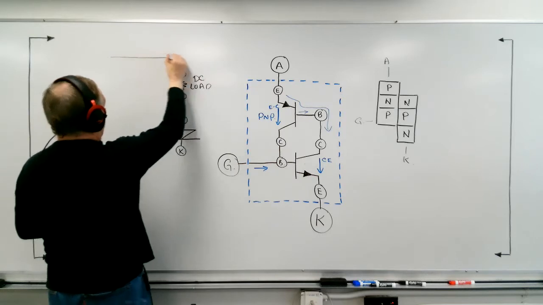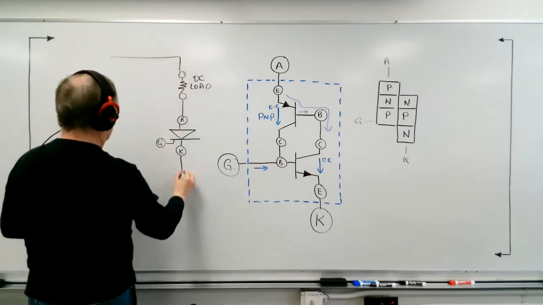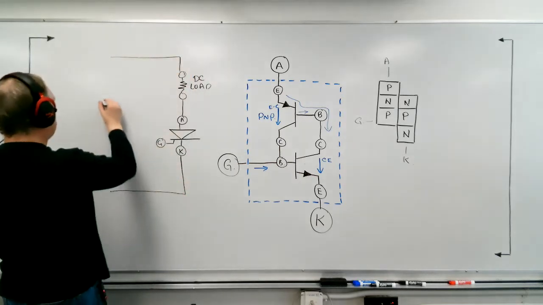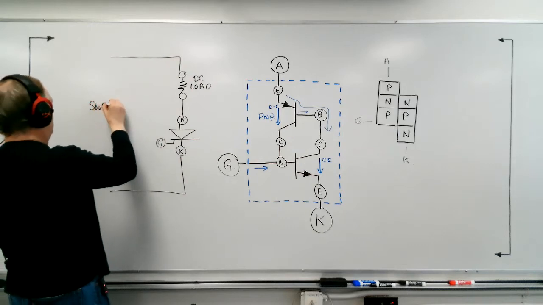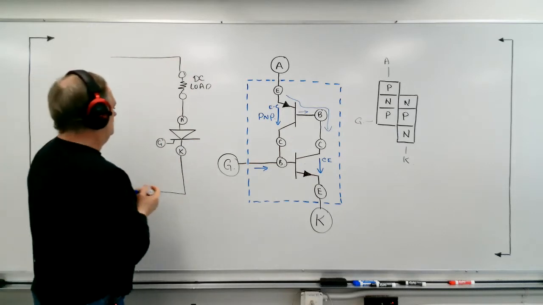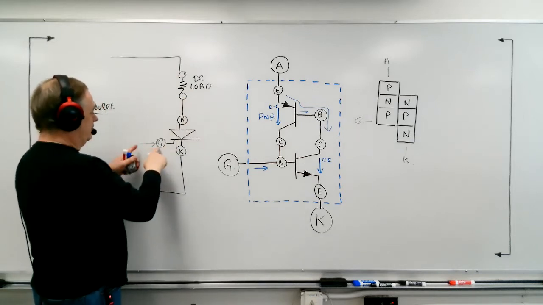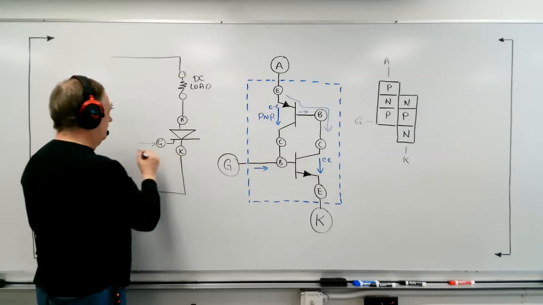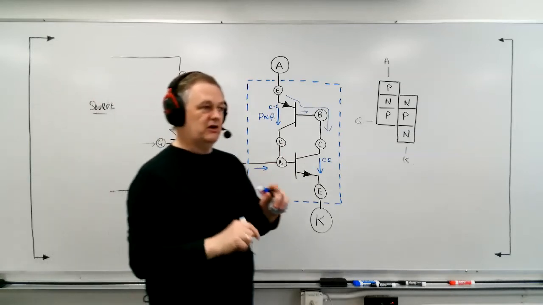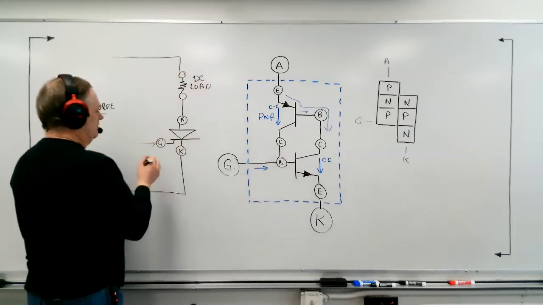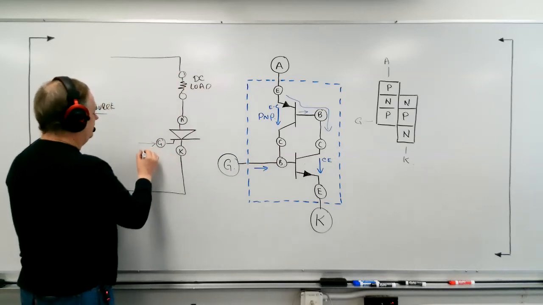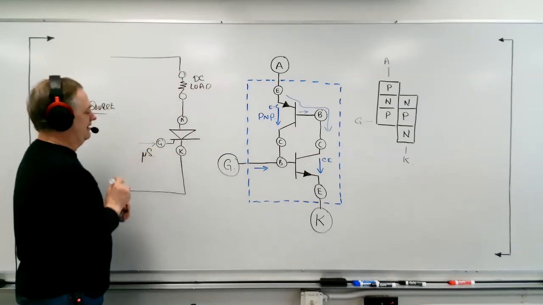And I have here a source of voltage. Now, as soon as I introduce a pulse of current to this gate, and it only takes a pulse of current that can be measured in microseconds.